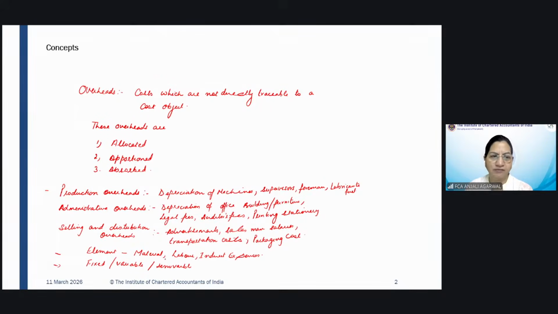And another way of classifying the overheads is also whether you can control them or they are non-controllable. So we should try to control as much as possible those overheads which are controllable and keep them to the minimum. Similarly, they can also be classified as avoidable or unavoidable.